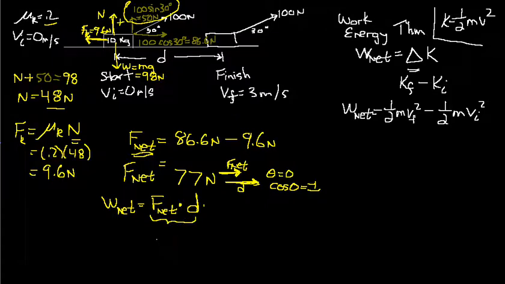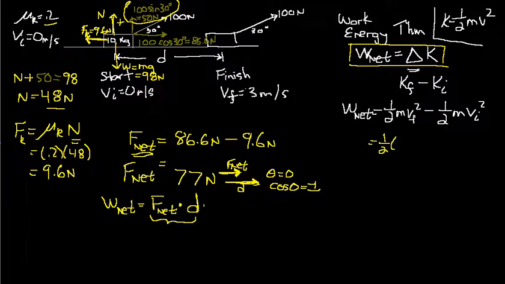So we're almost done. We said we were going to solve this with the work energy theorem, and here it is up here, that the net work is equal to the change in kinetic energy. So let's calculate what our change in kinetic energy is. Well, we start out with an object at rest.